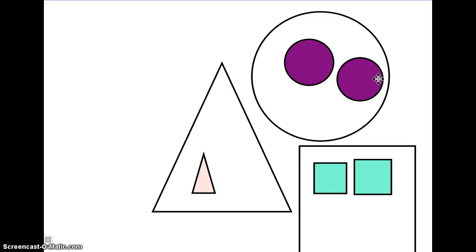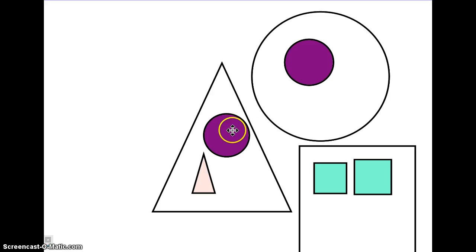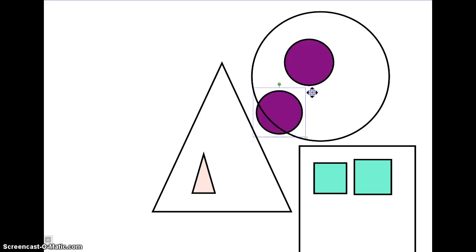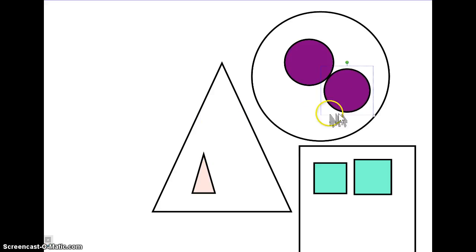For example, maybe a student put the triangle with the circle. That will be incorrect, and have them put it where it belongs, the circle with the circle.